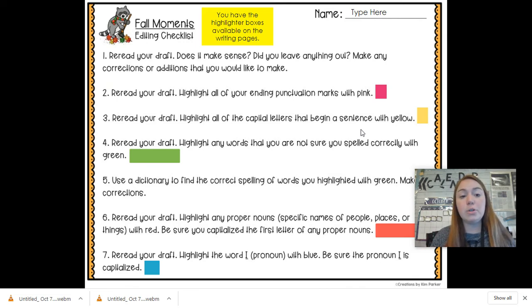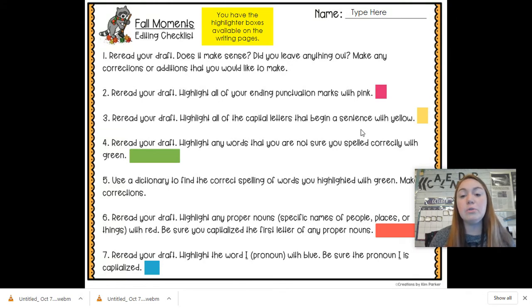Part 2 says about rereading your draft. You want to highlight all of the ending punctuation marks with the pink highlighter box. So I talked about yesterday the ones that are on the side. This is when you'll get to drag them over. It does take a little while, but you want to drag that pink box over to every ending punctuation mark. Now you might be like, why do I have to do that?